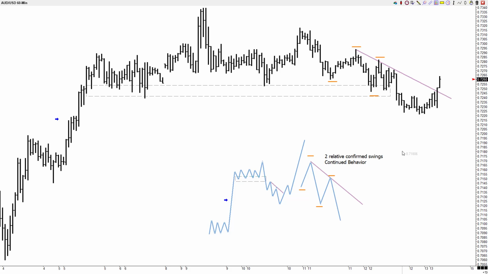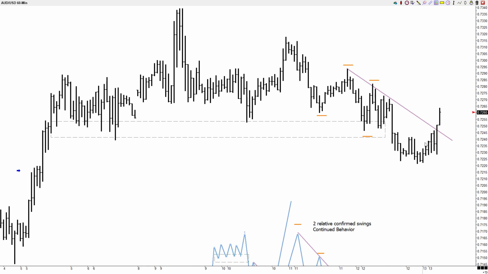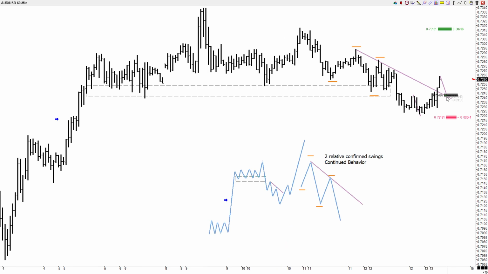Now, with something like this, notice I've waited for it to change, and I'll still use swings for an entry. Like so. You don't get stops underneath. Now, it might not work, but I'm just following what the market's telling me, and this is where I'm also going to combine the next layer.